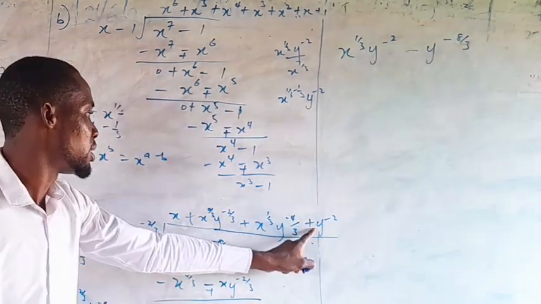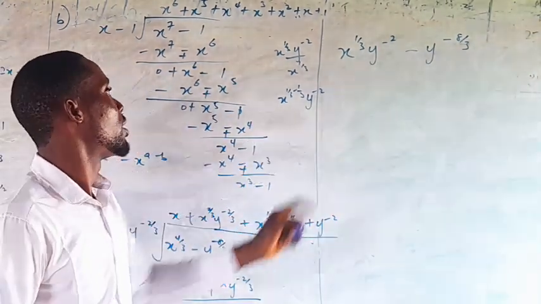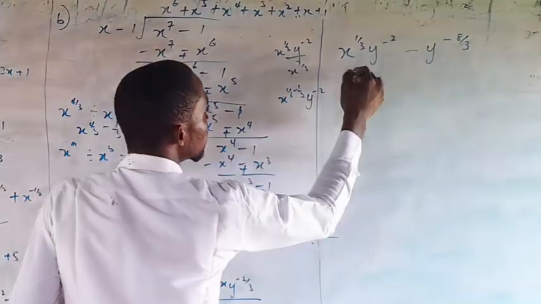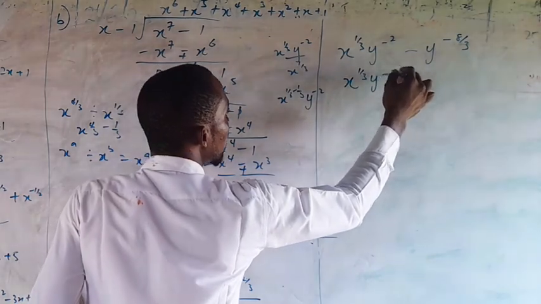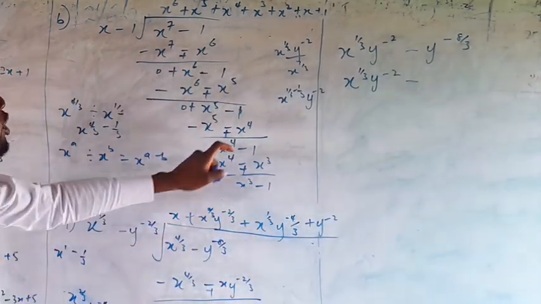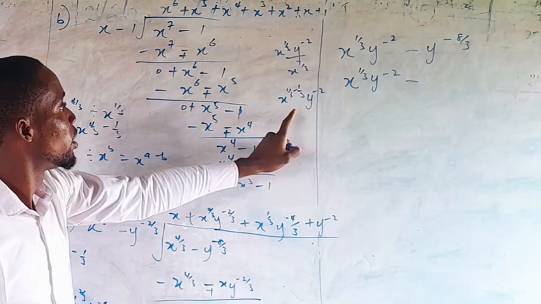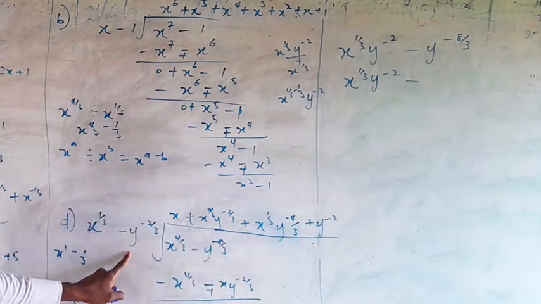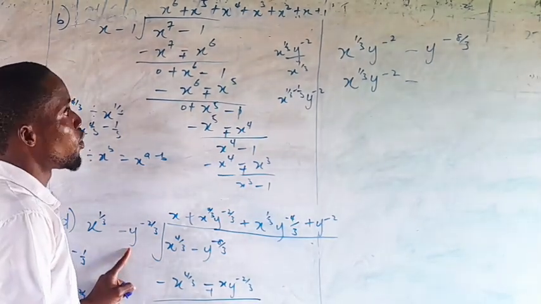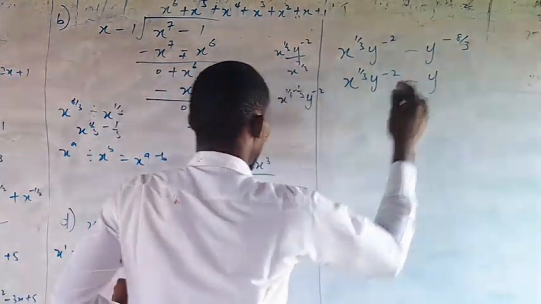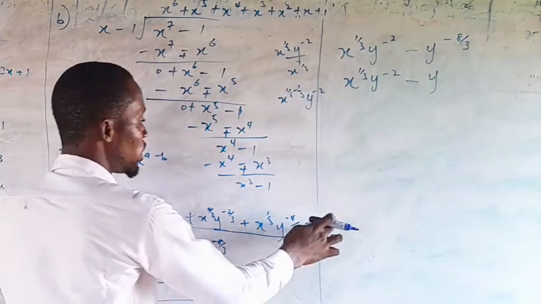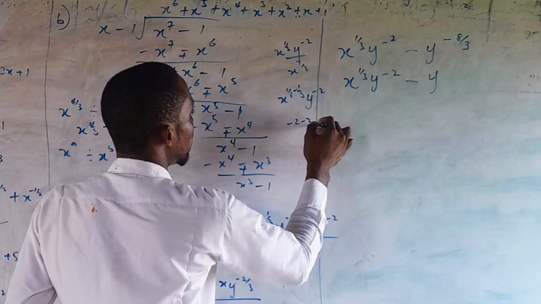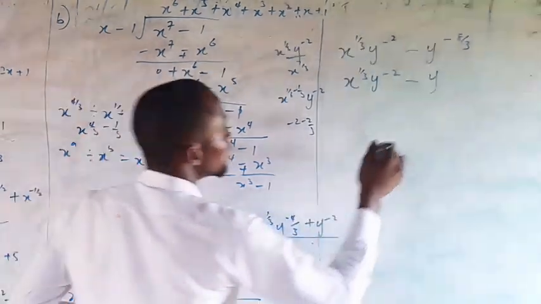So multiplying this by this back becomes this. Then minus multiplying my solution, which is this, by this again, now becomes y raised to power: this is minus 2/3, this is minus 2, so minus 2/3 minus 2 becomes minus 8/3.